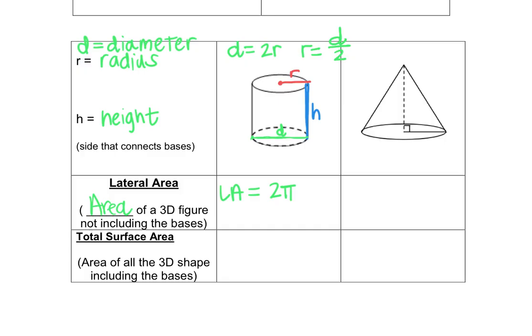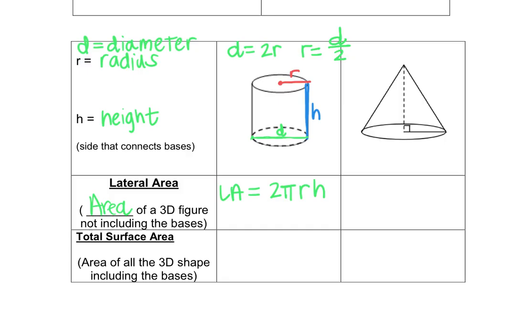What is happening here is that 2, pi, R and H are all multiplying. They're right next to each other, which means they're multiplying. I just wanted to clarify that part. So for your lateral area, you'll do 2 times pi times R times H.